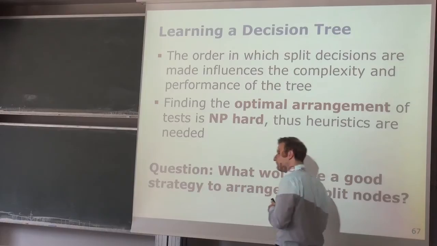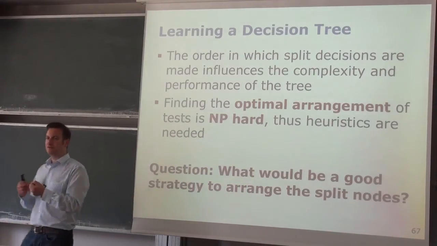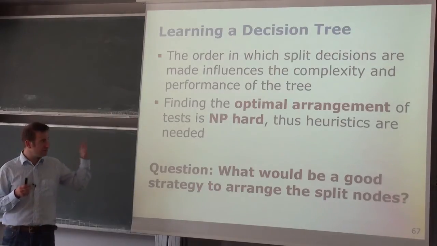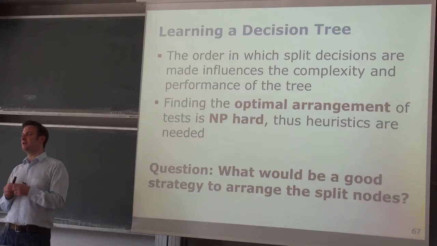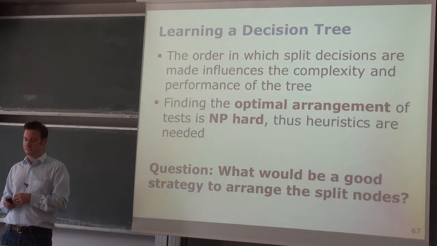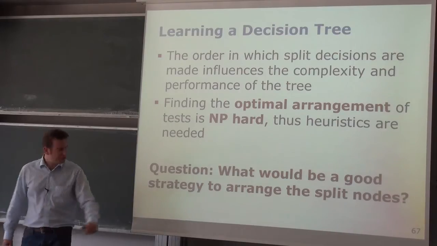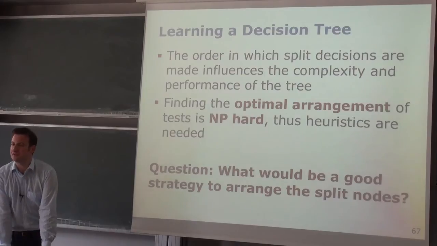But maybe we can find a good heuristic, so a good approximation of this optimal, a heuristic that leads us to a nearly optimal decision tree. So maybe not optimal, but actually pretty good. The key question I want to ask is, what could be a good strategy to arrange the split nodes?